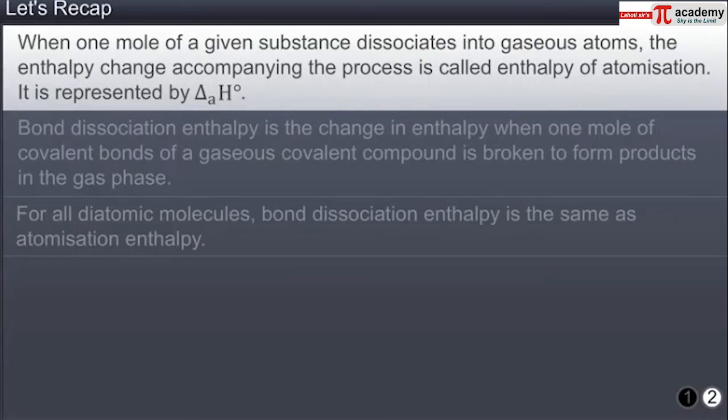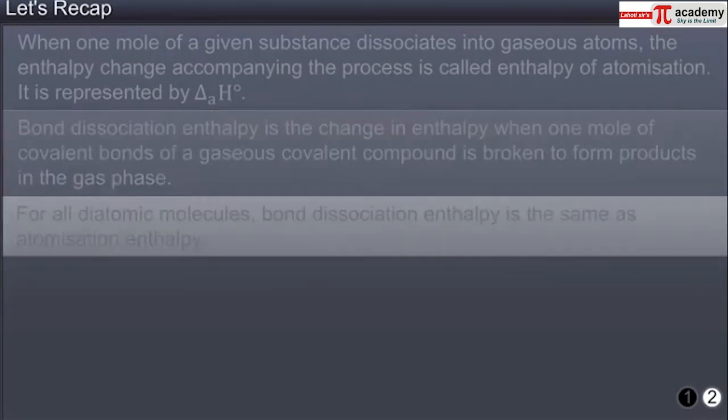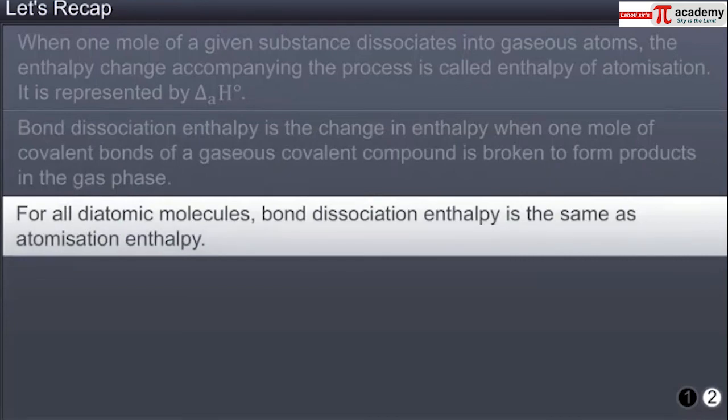It is represented by delta AH naught. Bond dissociation enthalpy is the change in enthalpy when 1 mole of covalent bonds of a gaseous covalent compound is broken to form products in the gas phase. For all diatomic molecules, bond dissociation enthalpy is the same as atomization enthalpy.